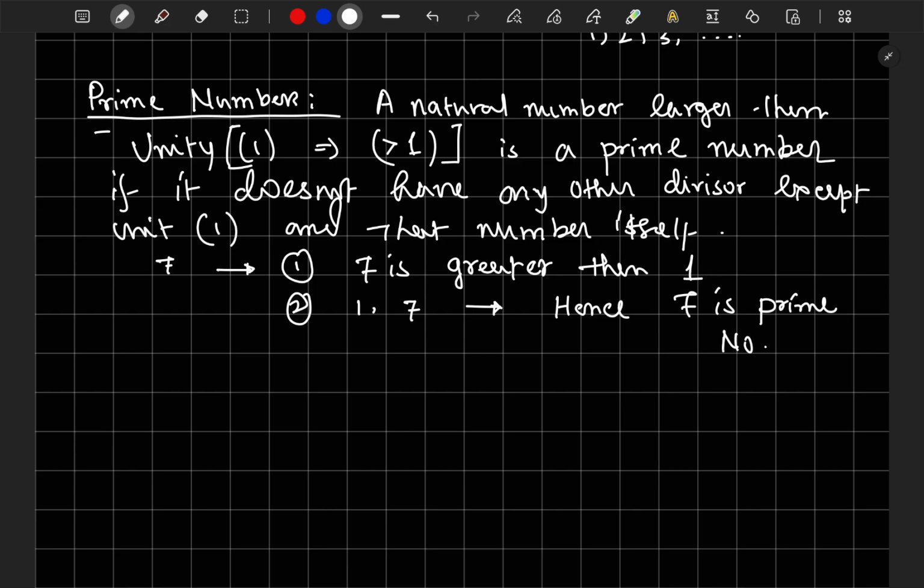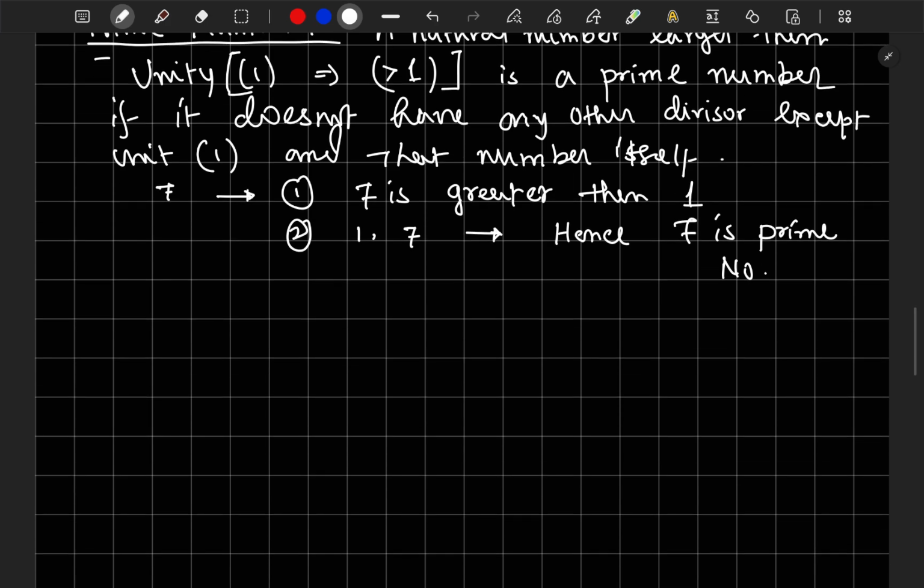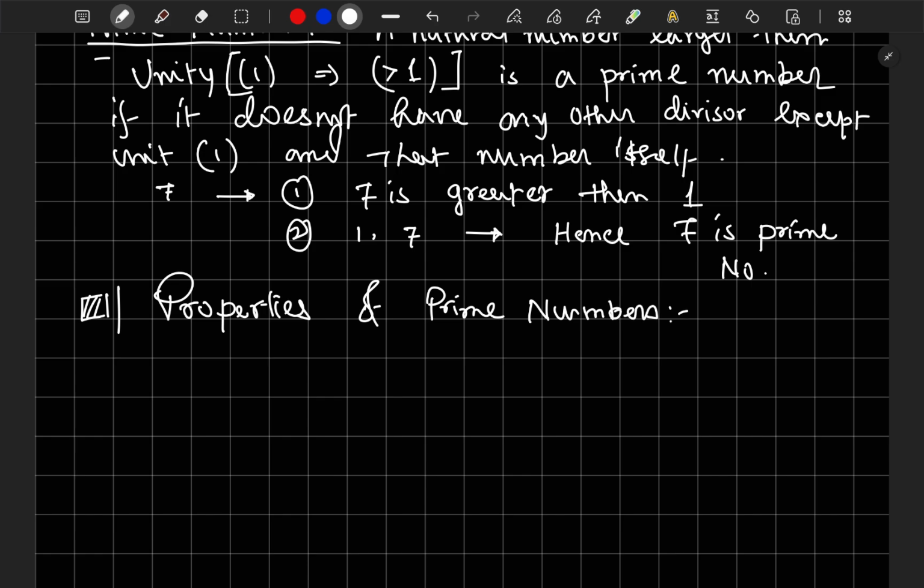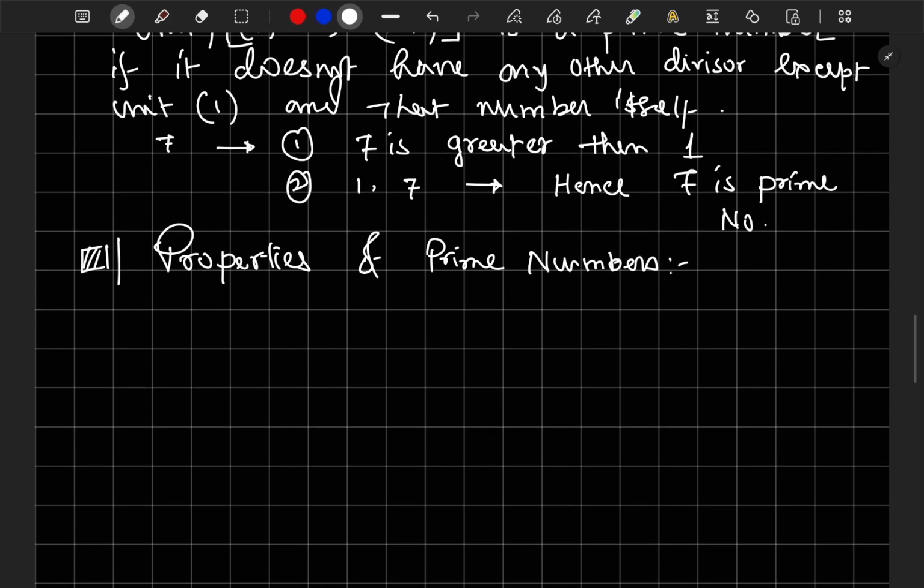Okay, so let's discuss the properties of prime numbers. One property is that the lowest prime number is 2.